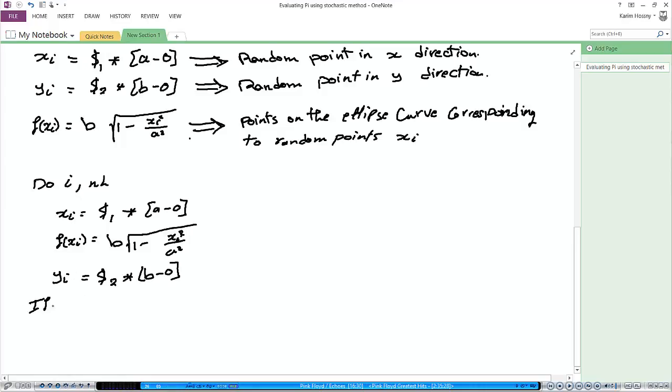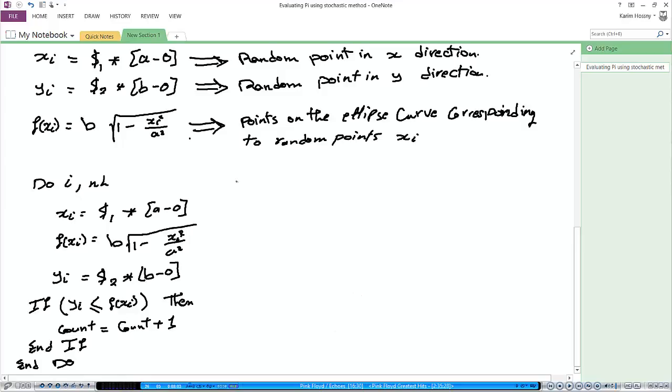If yi is smaller than or equal to f of xi, then it's in the ellipse area, then count equals count plus 1.